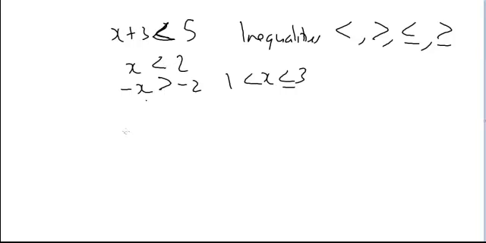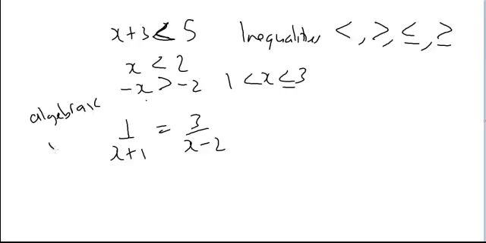Finally, another type of equation that you can be asked is an algebraic fraction. So you have something like 1 over x plus 1 is equal to 3 over x minus 2. This is an algebraic fraction.